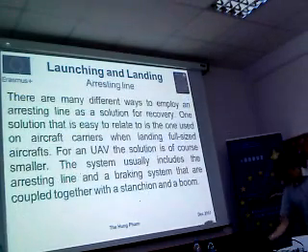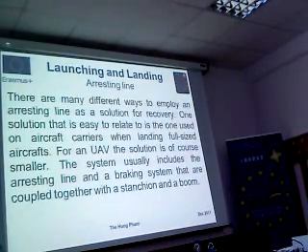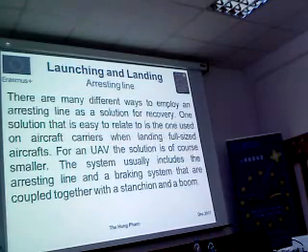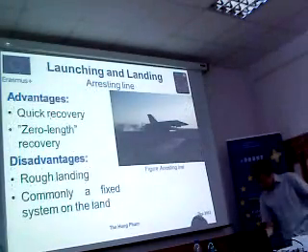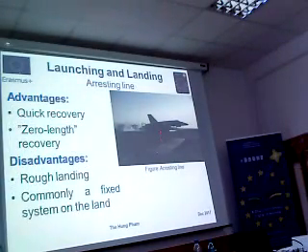The arresting line is the next landing method. Let's see the picture first. You can see here we have a line. Suppose we have a line here, and this is our drone, and we have a hook at the bottom.